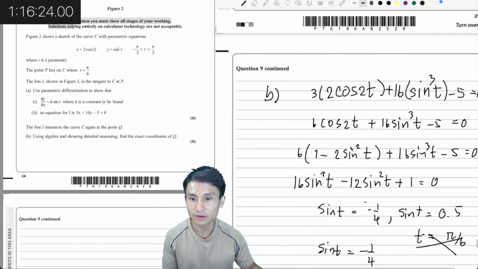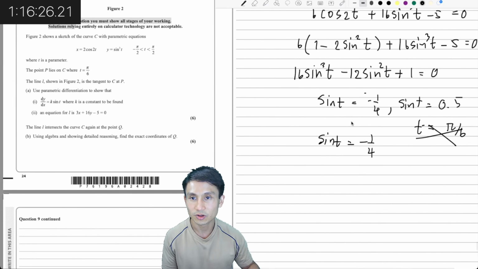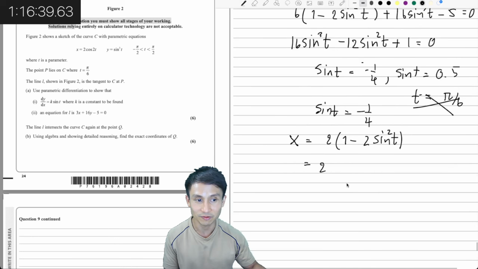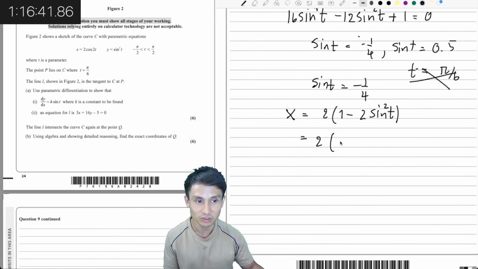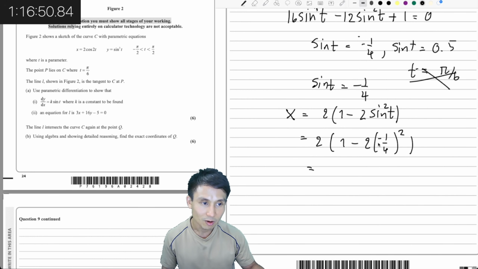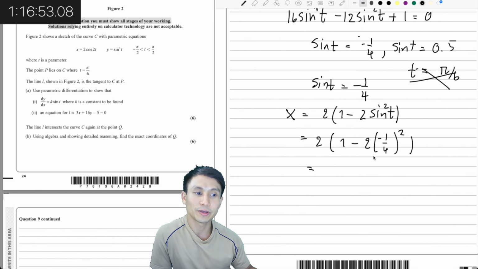And the coordinates of Q would have to be x equals 2 of 1 minus. So I'm just substituting. I'm going to use this sine t to find x and y, right? Instead of finding t first, I'm going to use the whole sine t, because if you get the angle, you won't get an exact value, right? So this is 1 over 4 squared is 1 over 16 times 2 is 1 over 8.